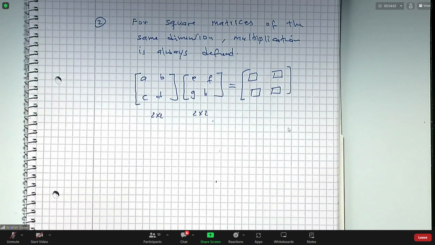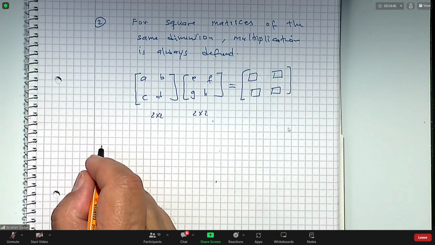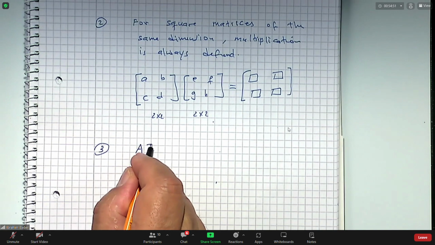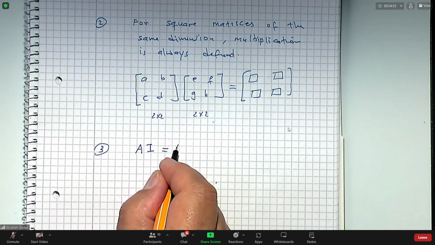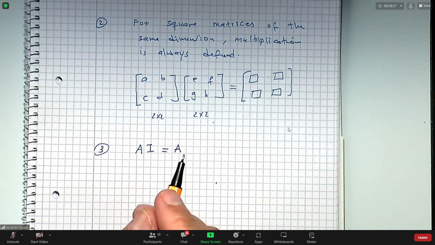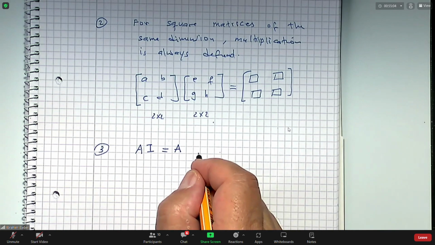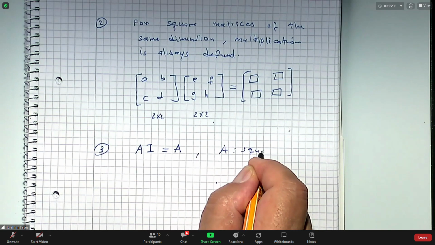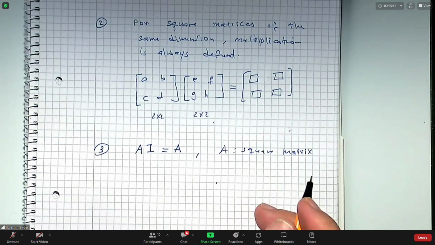Okay, and another thing is that multiplying a matrix with the identity is equal to the matrix itself, where A here is a square matrix which has the dimension n times n.